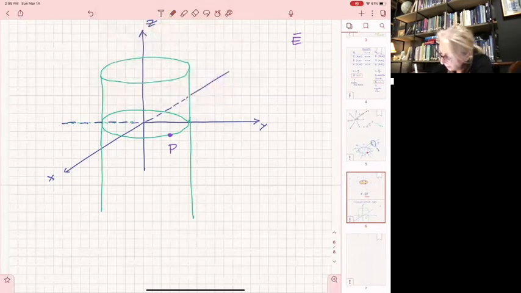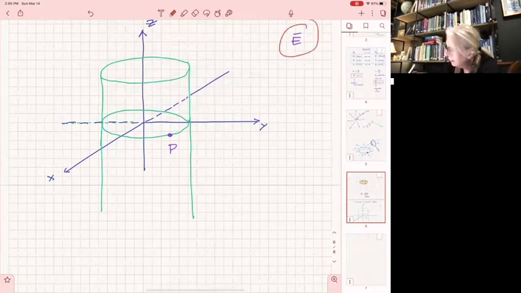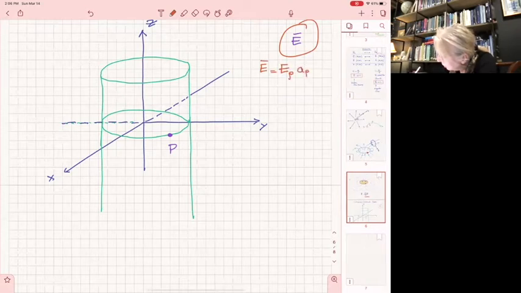And that's why I put it here. So now there are three components that point P has. If I was looking at an electric field at point P, I will see three components. And what would I see? E sub rho, and I will come and show you each one of them. E sub phi and E sub z.